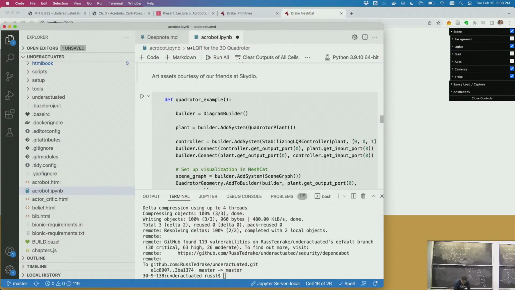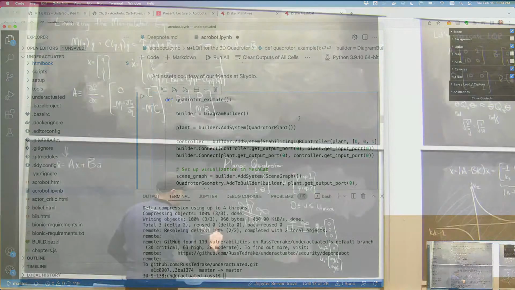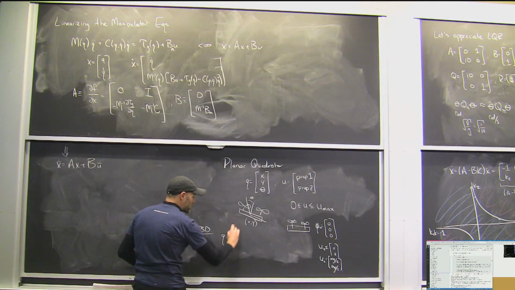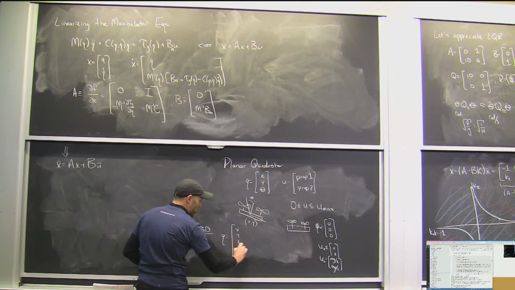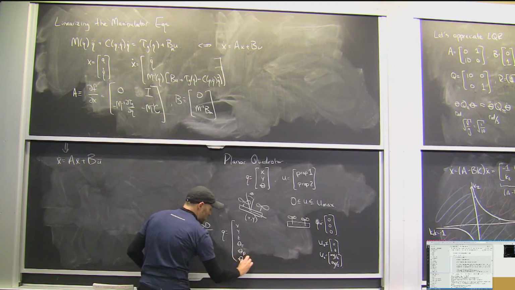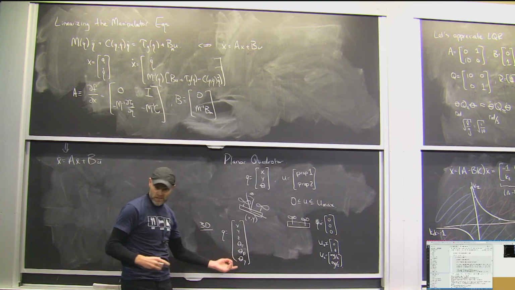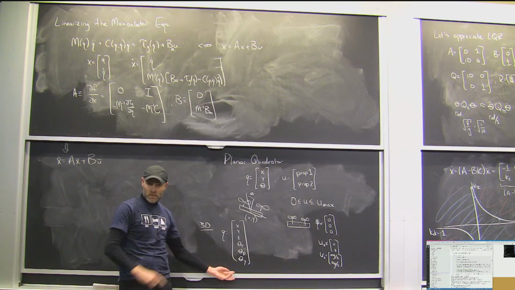Okay, and then same thing works in 3D. In the 3D quadrotor, I'm going to use, in this example, X, Y, Z, yaw, pitch, and roll, where the linearization of this is simple and uses the same recipe as before.